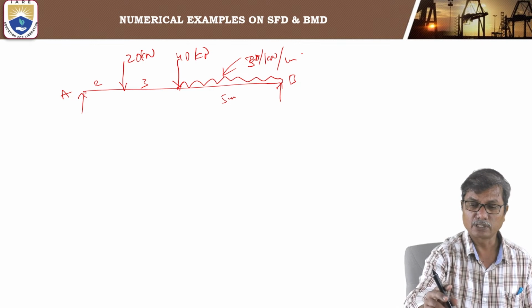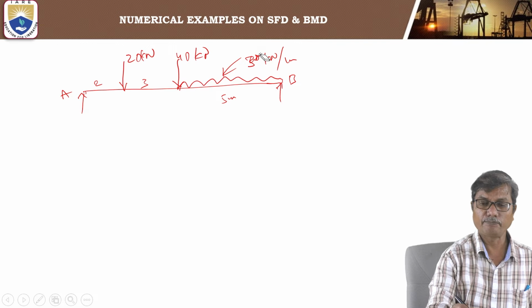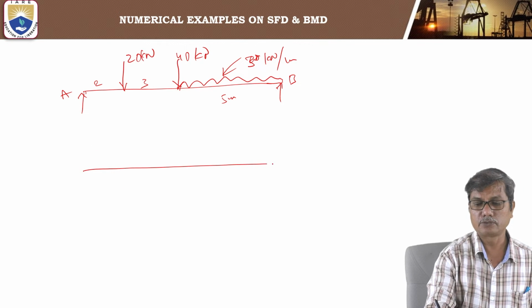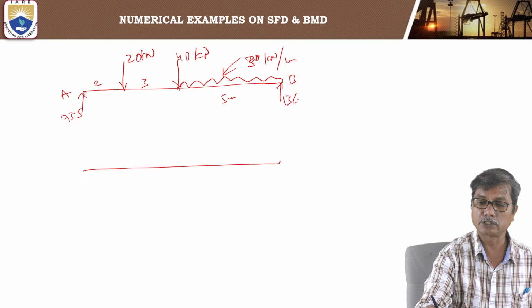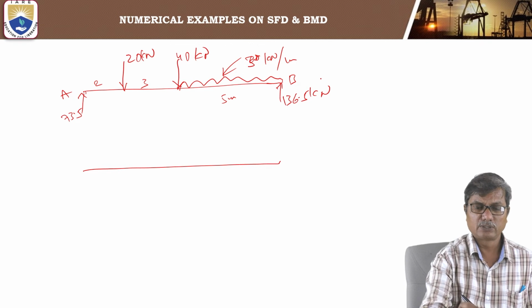Okay, 30 kilonewton per meter. So now to draw the shear force diagram, this reaction is 73.5 kilonewtons and this is 136.5 kilonewtons.